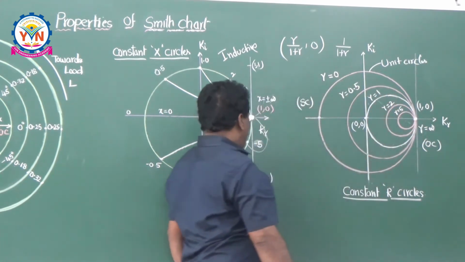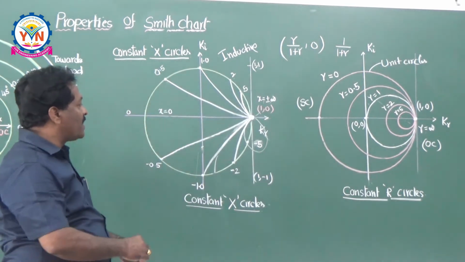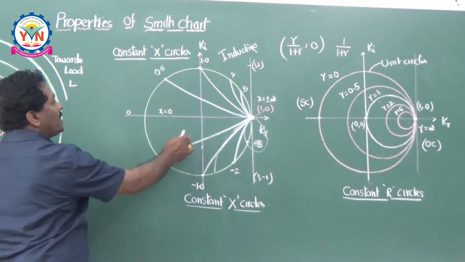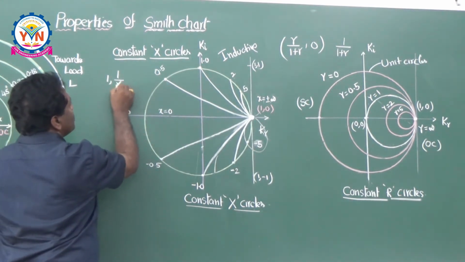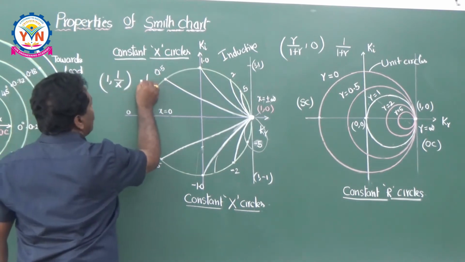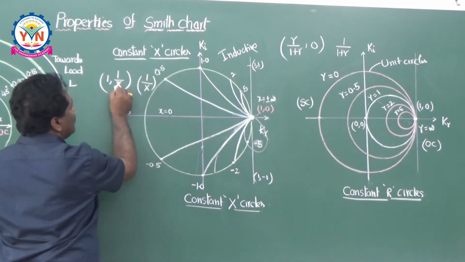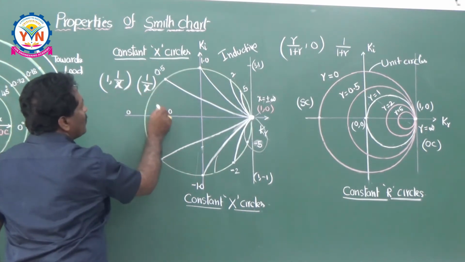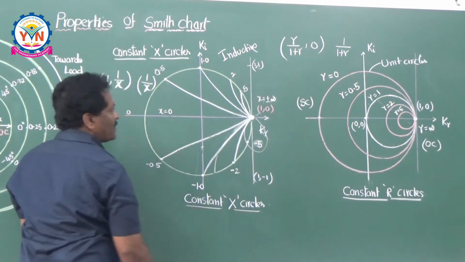If you come to the constant X circles, the basic equation tells us that the center is 1, 1 by x, and the radius is 1 by x. For different values of x, we have drawn all these circles, which are the constant X circles.